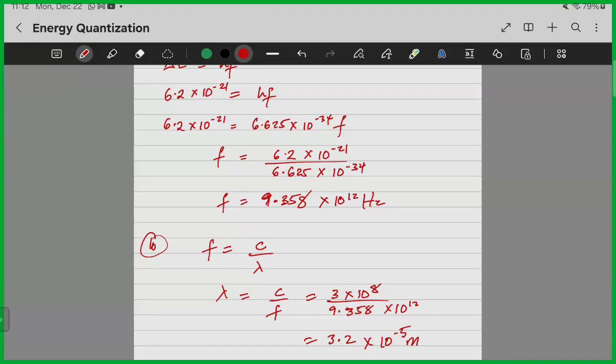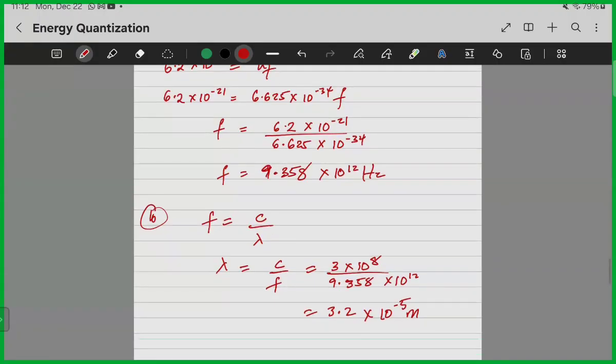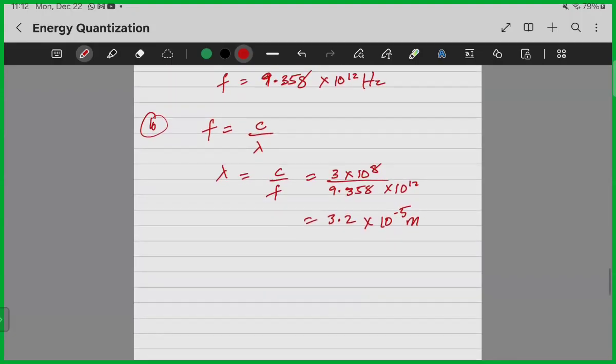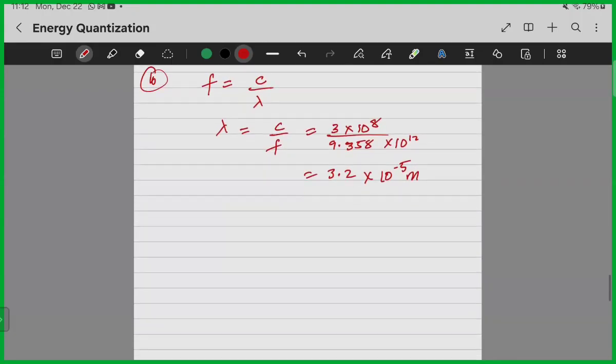So that's the idea. Let's take the next example. The next example goes like this.